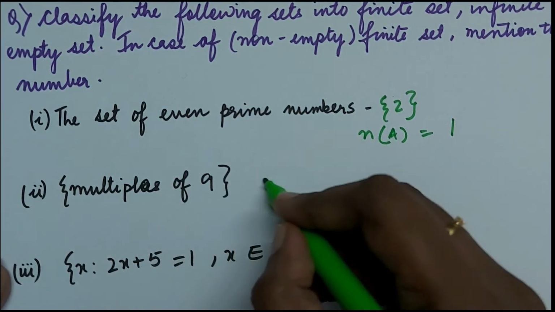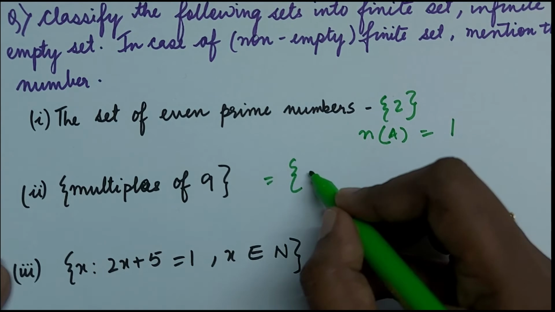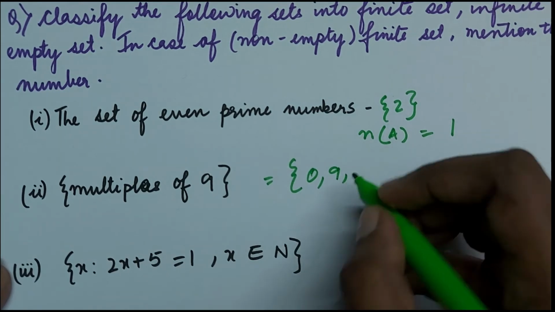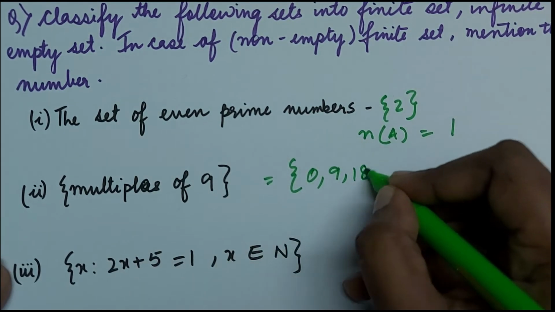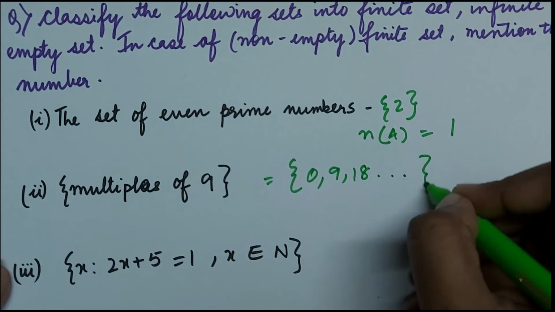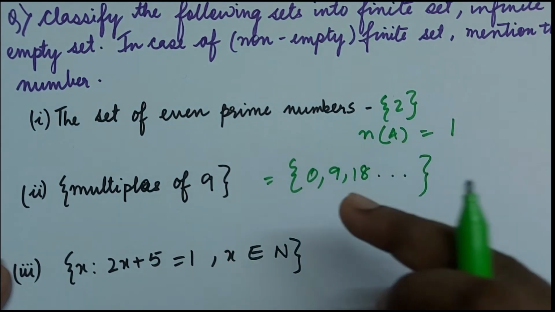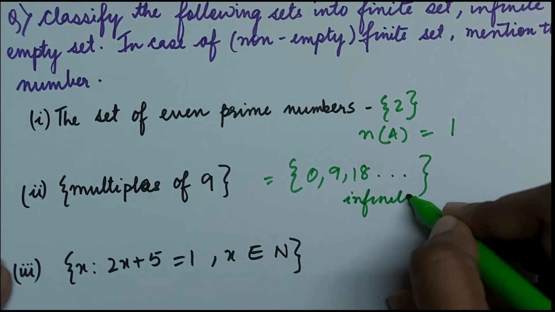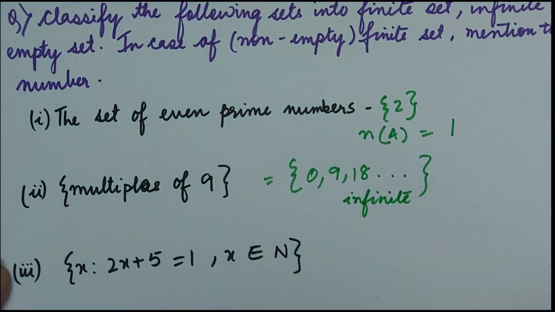Now multiples of 9. Multiples of 9 can start from 0 if we are taking whole numbers, or from 1, that is 9 into 1, 9 into 2. Up to how much? It is not telling any limit, so it will be an infinite set. For an infinite set we cannot count the cardinal number as it has n number of elements.